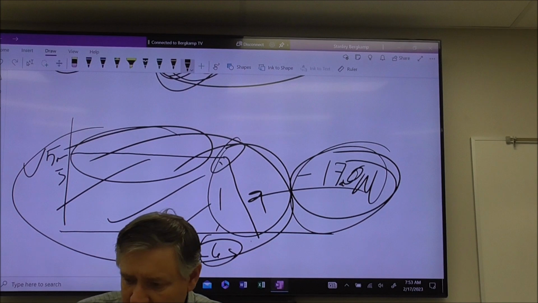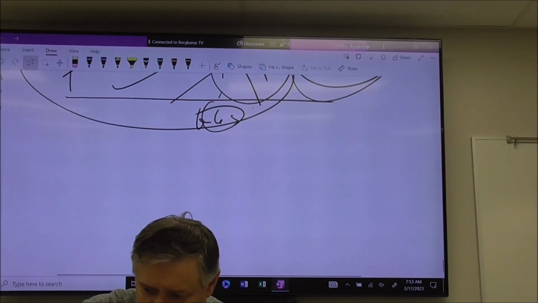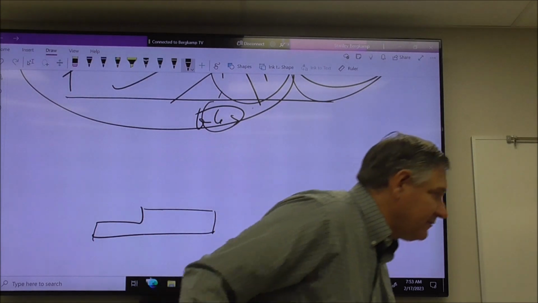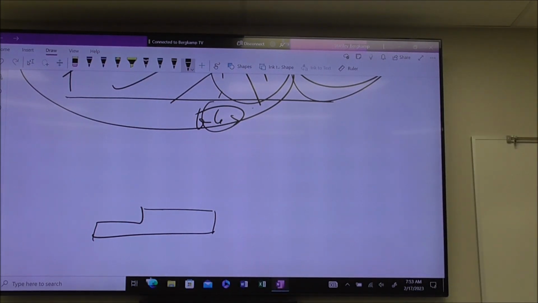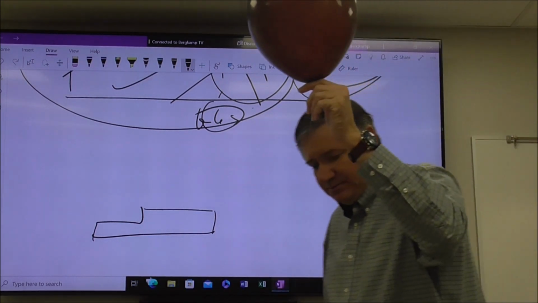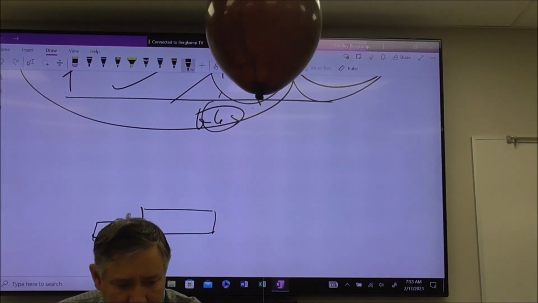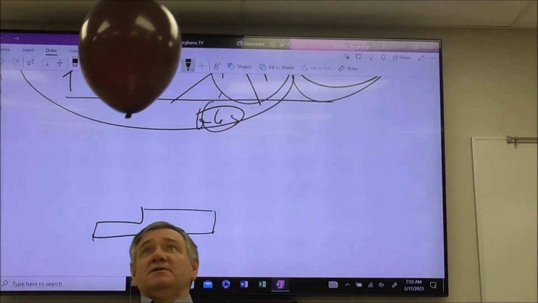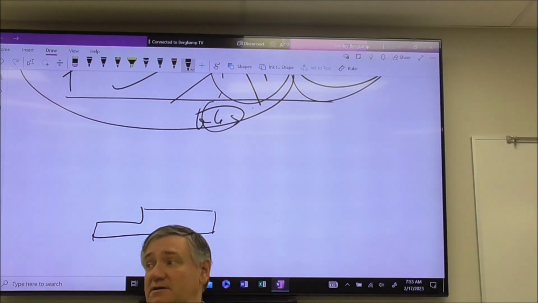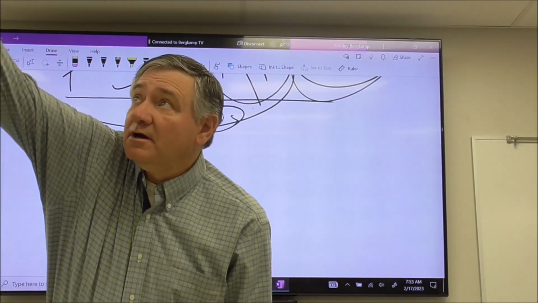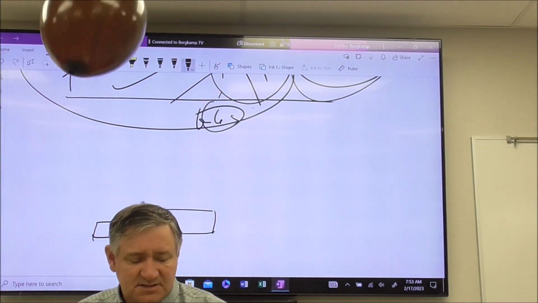Okay, on number 4, the question with the balloon. So here's your scale, and I happen to have a balloon with hydrogen. If I let go of this thing, it accelerates upward. There's a buoyant force that's acting up. So imagine this.